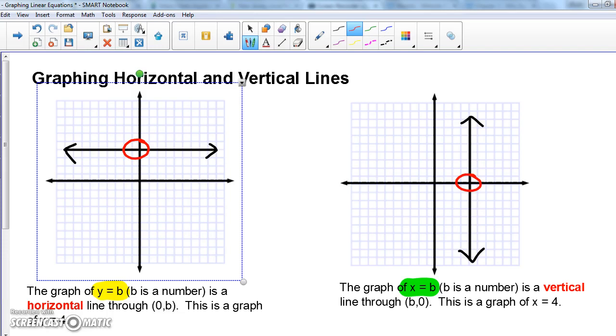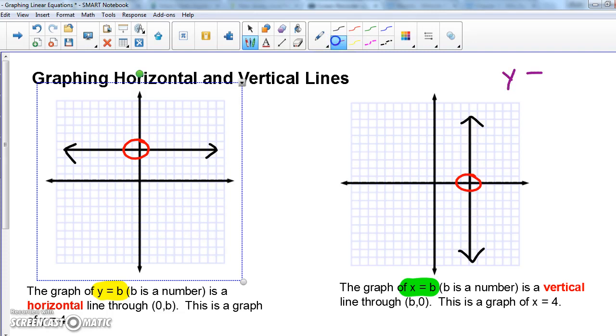Remember, these graphs are not challenging, they're not hard, it's just you have to keep track which one is which, right? So with y equals, which way does it go? It's horizontal. With x equals, which way does it go? It's vertical. Okay, so what you need to do in your notes right now is jot down a way you're going to remember this. So what I just said, if you want to remember it that way, that's fine.